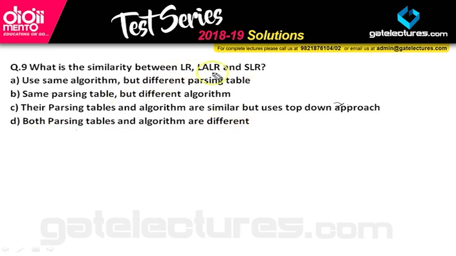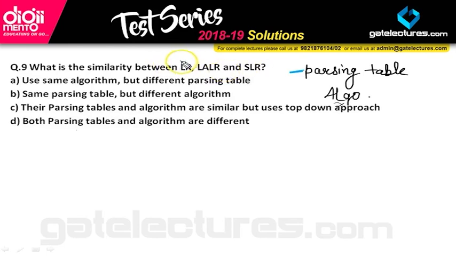Okay, so they are basically talking about the parsing table and the algorithm. Let's look at the first option, parsing table. Now we have seen the parsing tables are different for all these three parsers.